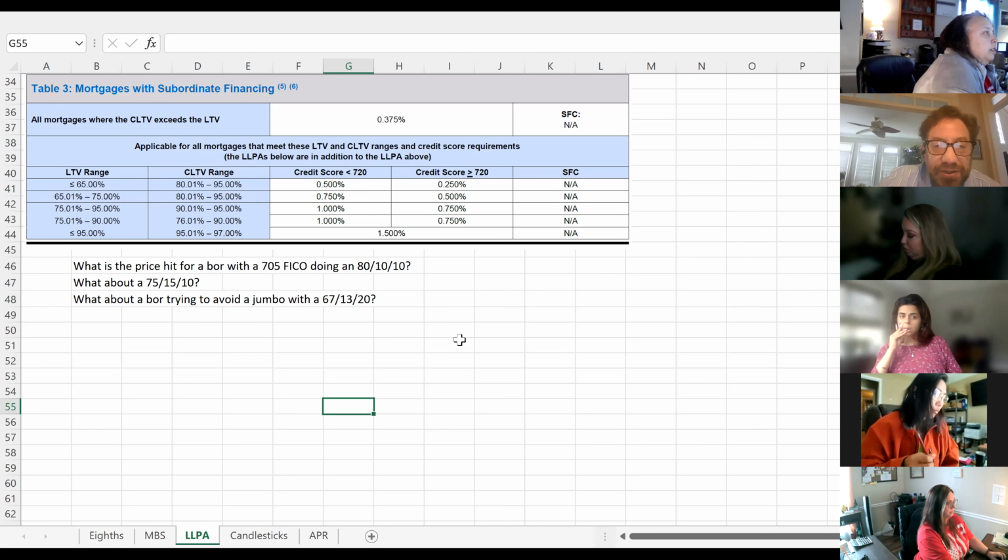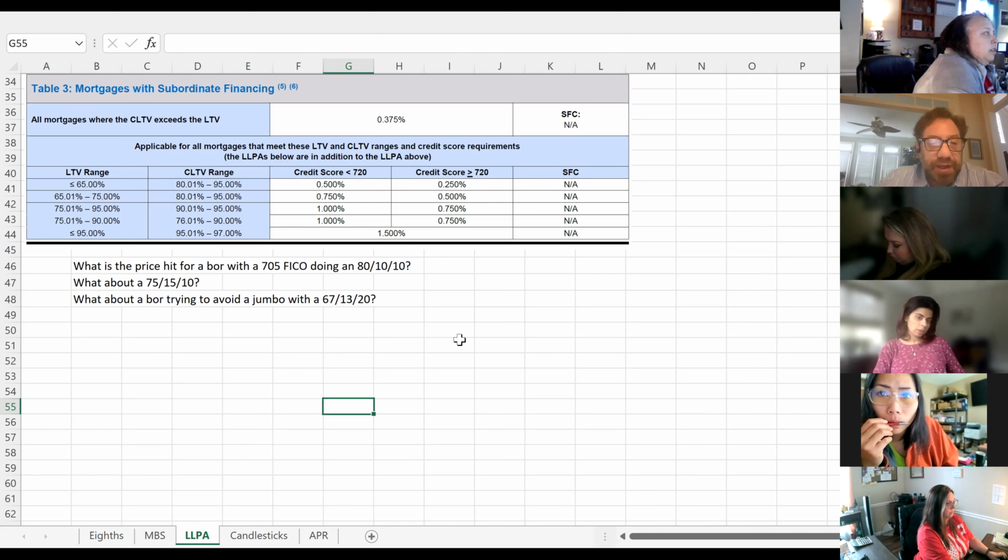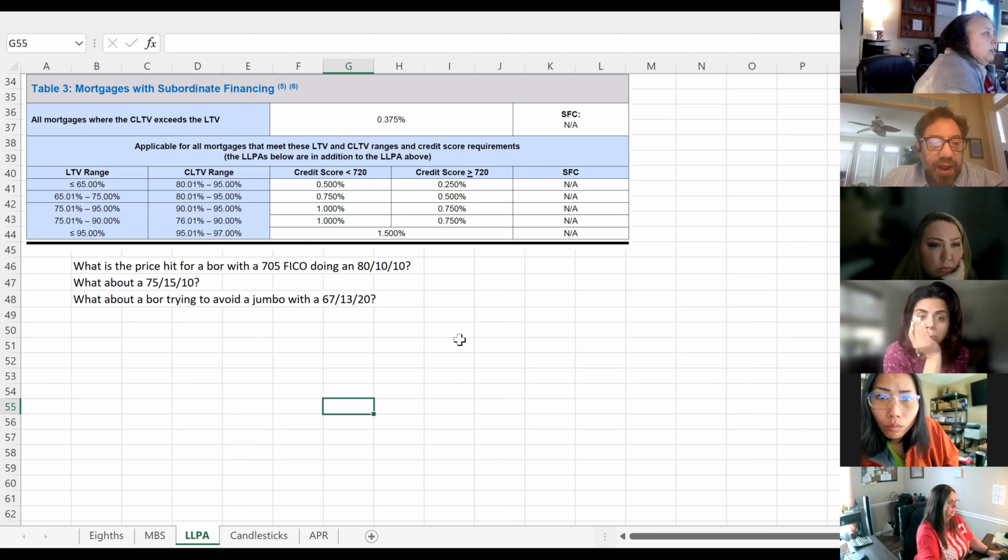Then there's a second adjustment, and that's on that little chart. Your LTV is 80%. If you look at the third box, it's going to be between 75.01 and 95. There's two choices there. So we look at the next box, and it says that the CLTV is going to be 90.